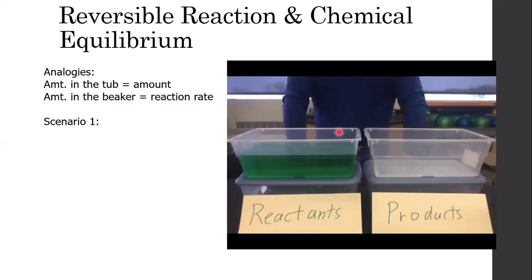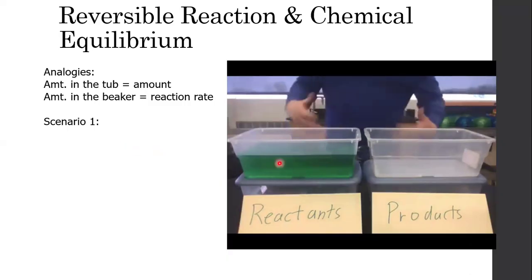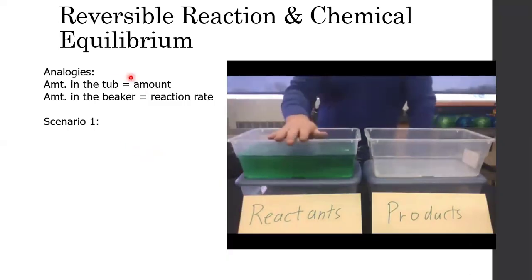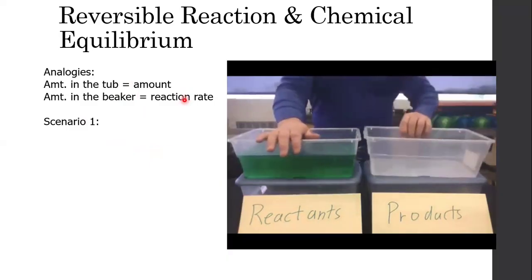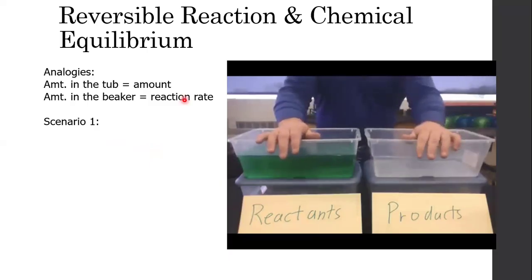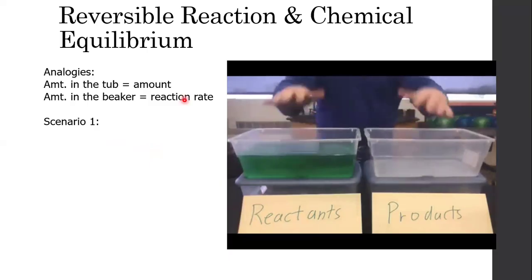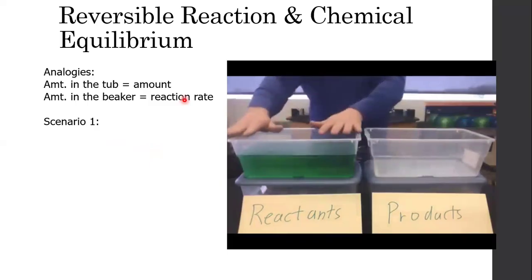Later he'll be showing you a beaker, okay? So when he shows you the beaker, you would relate the amount of water in the beaker to the reaction rate. So initially, we have reactants only, and we don't have products yet.